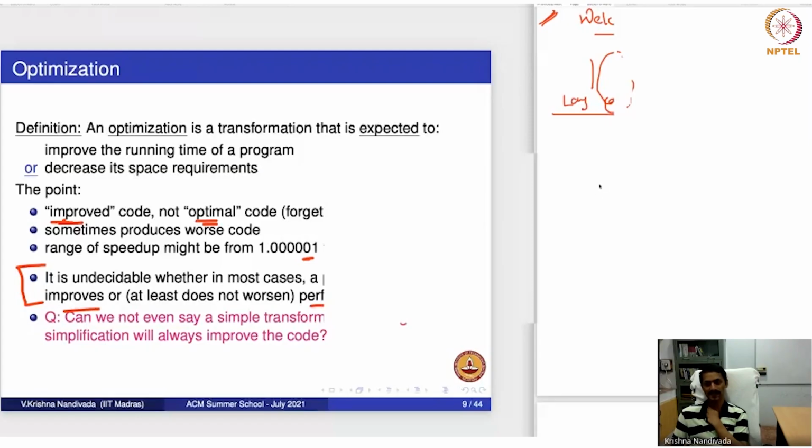I replace it with A equal to A left shift 1, because you know that left shift is faster than multiplication. Or instead of 2, if you like it as 32, make it left shift 5. So here is the question: is it guaranteed that this optimization will always improve performance, or is there a chance that even such an optimization can lead to worse performance?